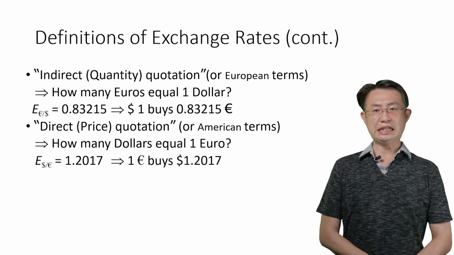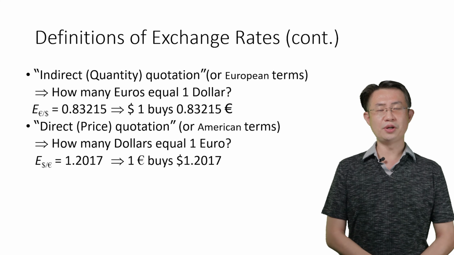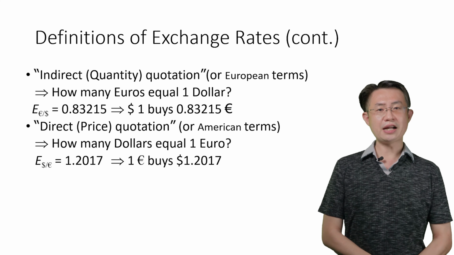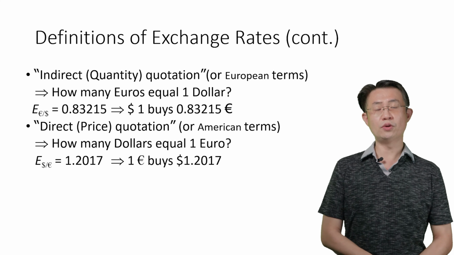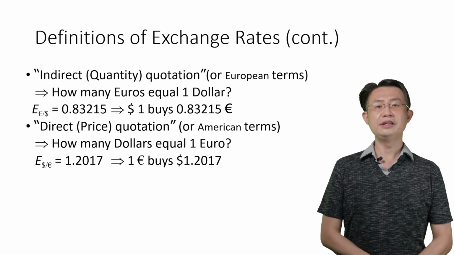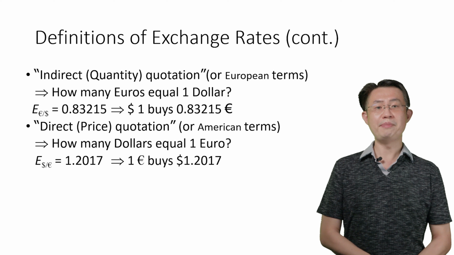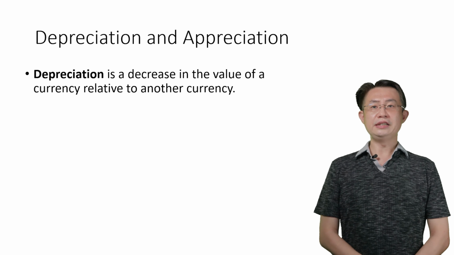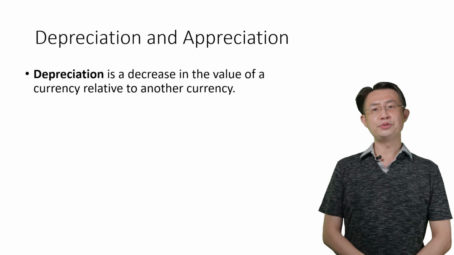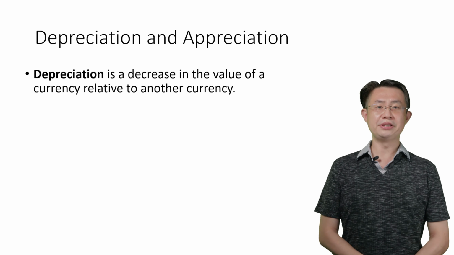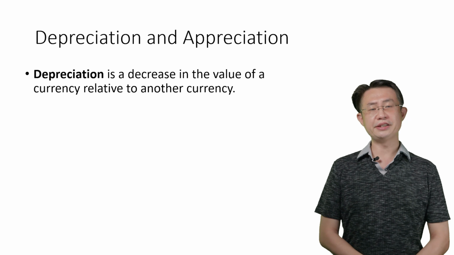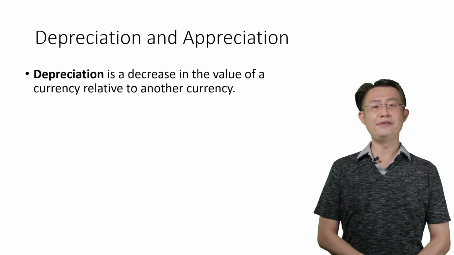So in this way, we consider the US dollar, the domestic currency, as the core currency. On the other hand, the foreign currency, the euro, plays the role of the base currency. In this session, I would like to introduce two phenomena in the forex market. The two phenomena are very important.